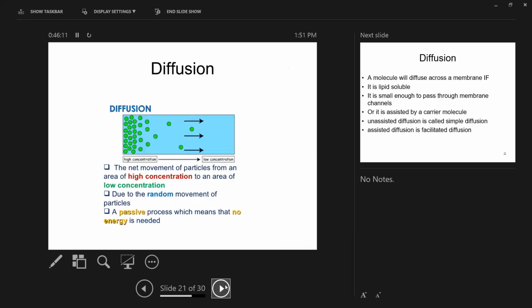Diffusion, again, is nothing more than movement across a membrane, down a concentration gradient, from a high concentration to a low concentration. It's caused by the random movement of particles, whether in air, in water, or even in a gel.